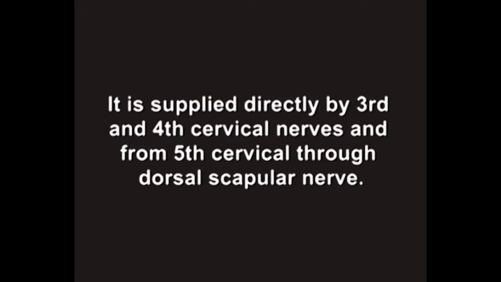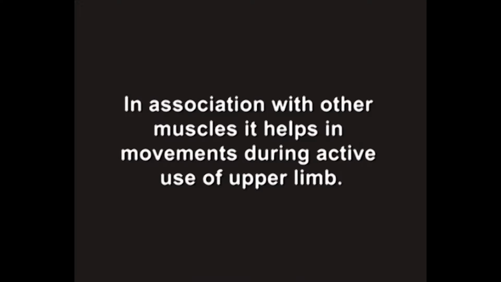It is supplied directly by the third and fourth cervical nerves and from the fifth cervical through the dorsal scapular nerve. In association with other muscles, it helps in movements during active use of the upper limb.